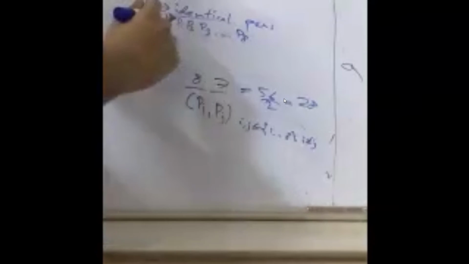But here there is a difference from the previous problem. Here we are choosing from identical pens, and in that problem we were choosing from distinct pens. So in this case, if we choose the first pen and the second pen, and if we choose the second pen and the first pen, there is essentially no difference between the two. And that's why we are dividing the entire answer by 2.